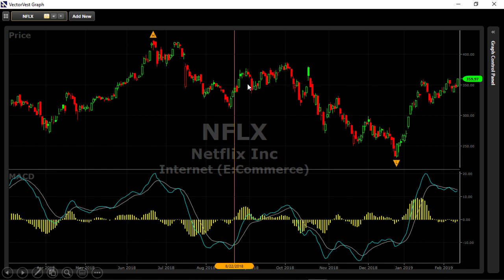So this one, we may have seen some gains, because I don't see that the MACD histogram bars turned negative until here. Okay? But did we have an opportunity to make money here? Same bullish crossover.